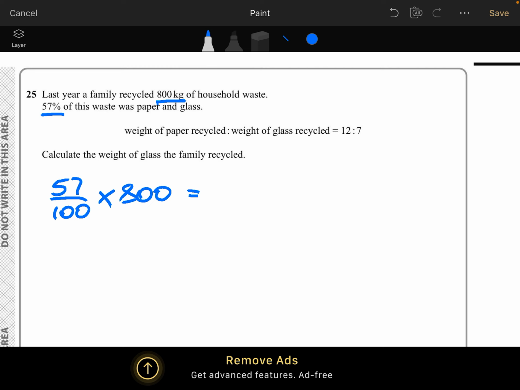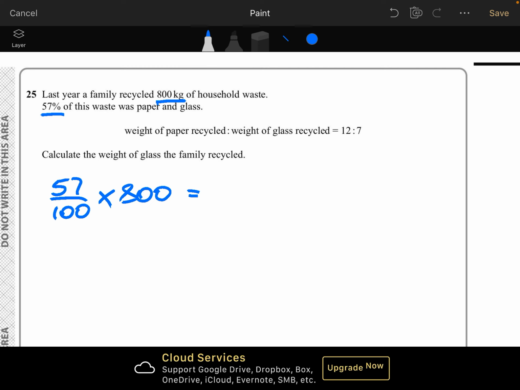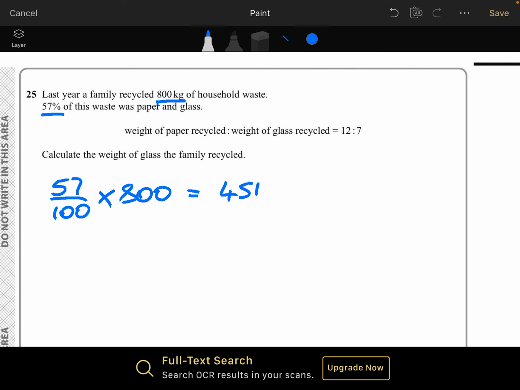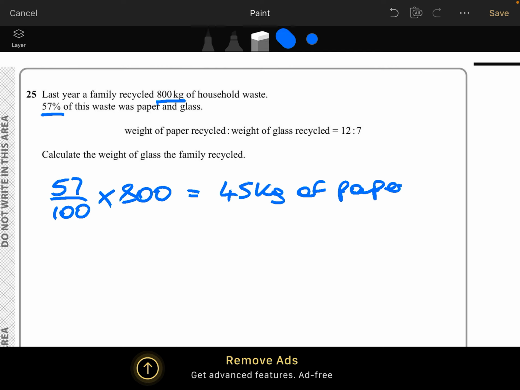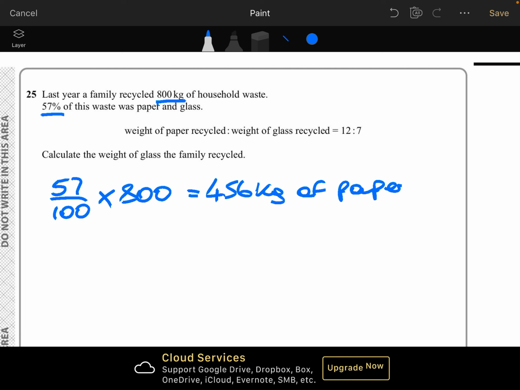So 57 over 100 times 800 gives me 456 kilograms. I didn't write 456 there, did I? 456 kilograms of paper and glass.